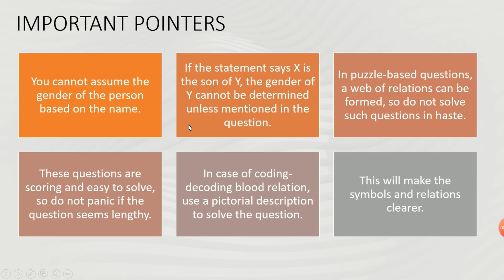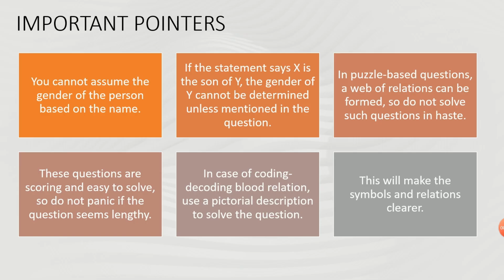So if there is a name called Alex, the name could be for either male or female. It just isn't confined to male alone. I don't know how many of you have read comic books where there is a character in the Arrow series called Oliver Queen.